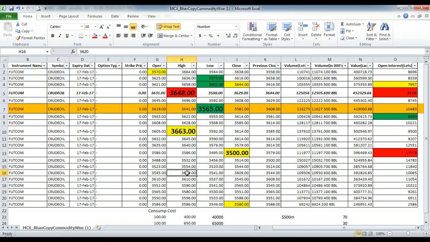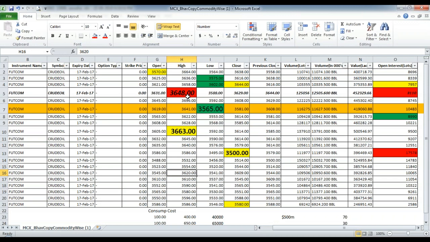So on this particular day, it closed pretty much inside this particular level. So what was the likelihood that it should go to around 36.46, 36.48, 36.50 levels, correct? That is what should happen.